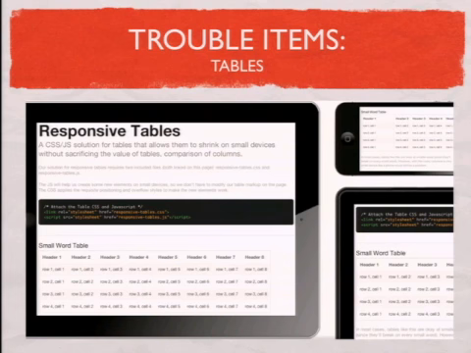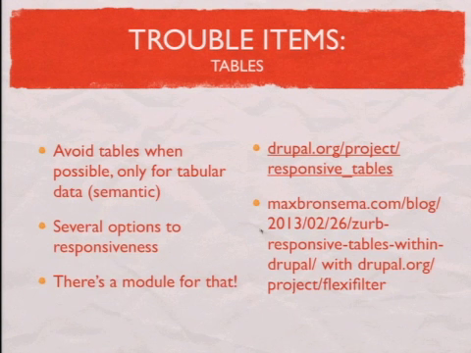So it doesn't hide anything, it just makes it scrollable. And there is this link which talks about how to do it in Drupal using their method. You need this Flexi Filter module.